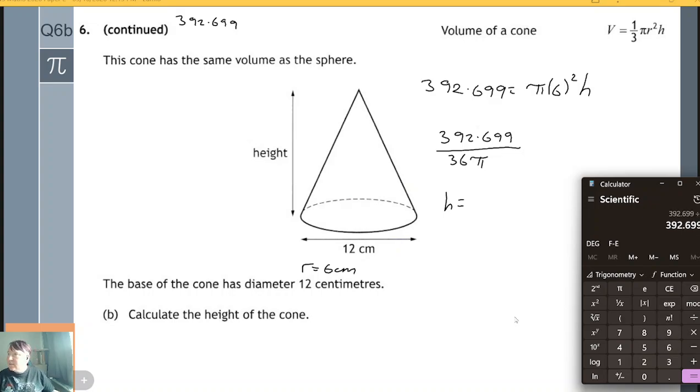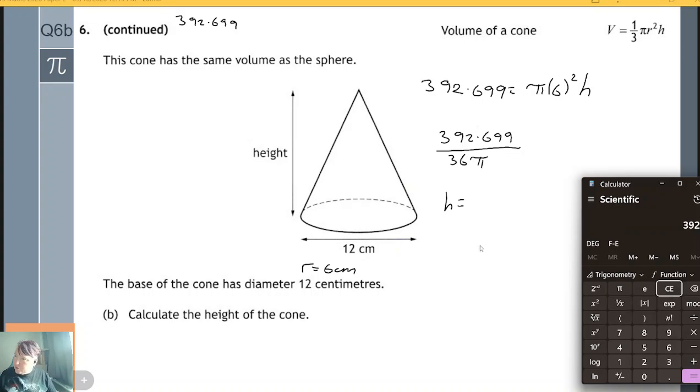392.699 divided by, open up my bracket, 36 times pi, close my bracket, it equals, and we get a number I'm not convinced is true. Let me try that again.